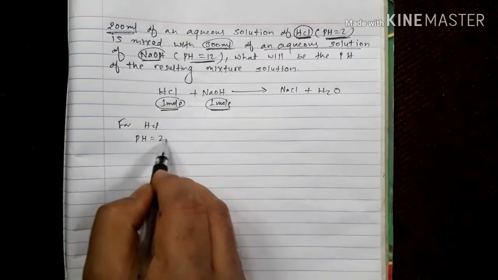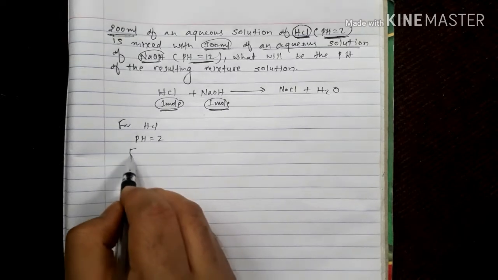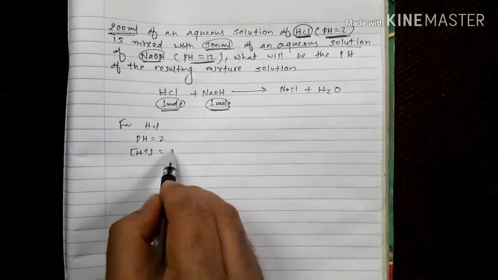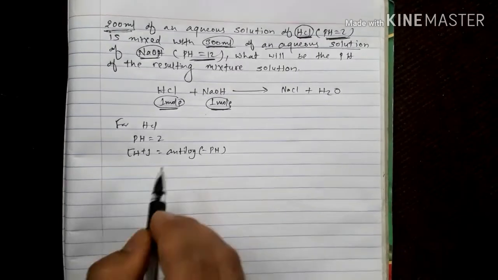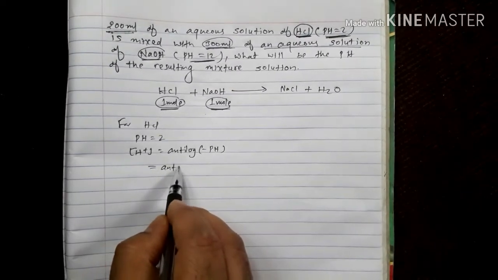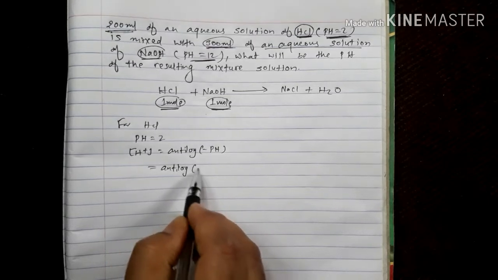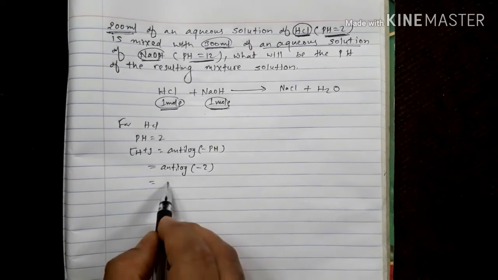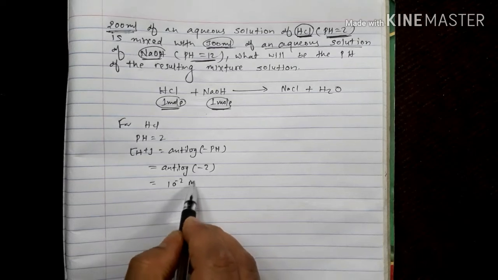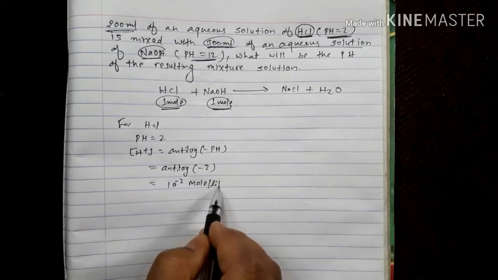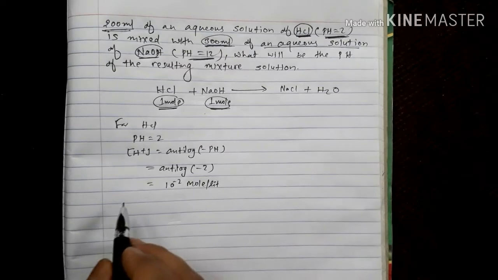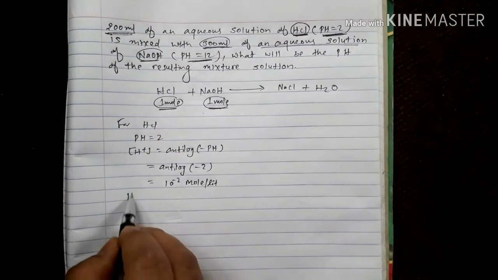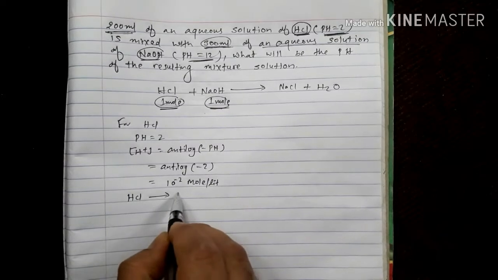pH is 2. Concentration of H plus is anti-log minus pH. Anti-log minus 2, the concentration of H plus is 10 to the minus 2 moles per liter. This concentration of H plus is the concentration of HCl. How? Let's see. HCl is a strong electrolyte.